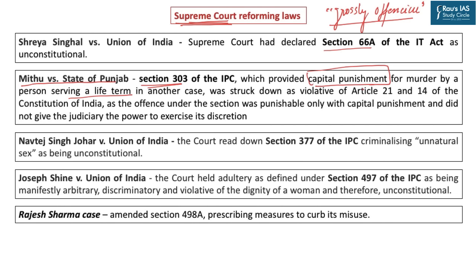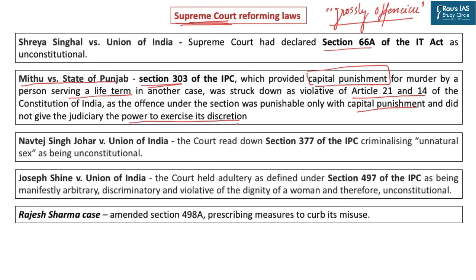This was struck down by the Supreme Court as violative of Articles 21 and 14. The reason was not that capital punishment was too harsh for such a person. The reason for striking it down was that the only punishment mentioned was capital punishment, and it did not give the judiciary the power to exercise its discretion.